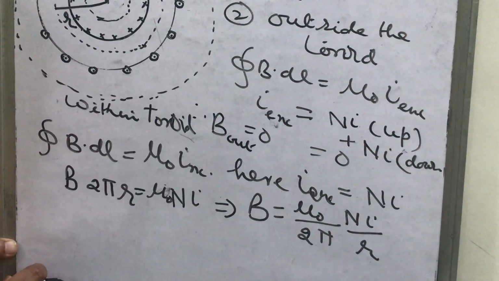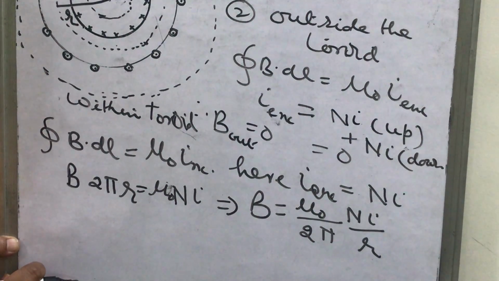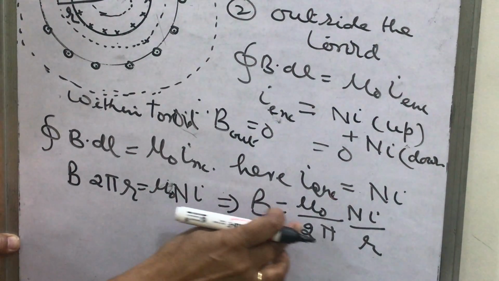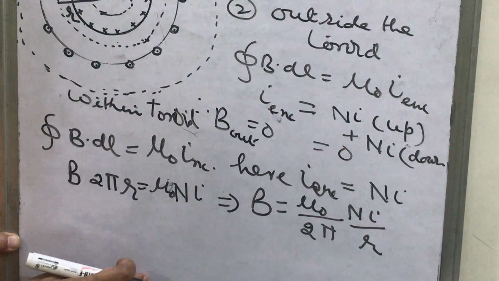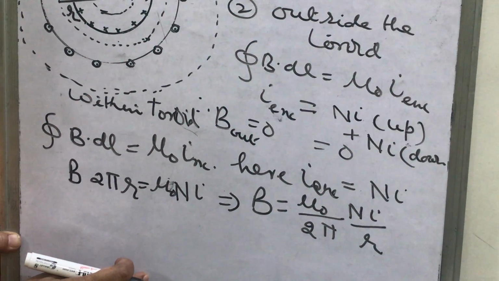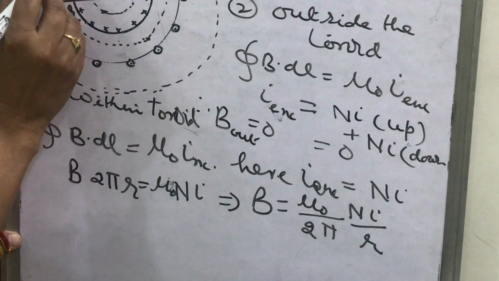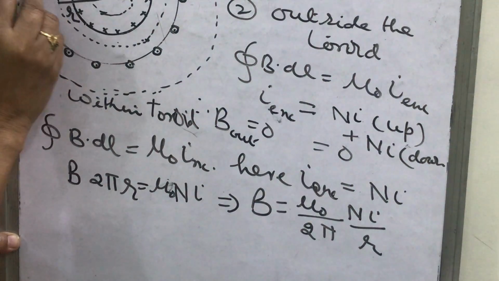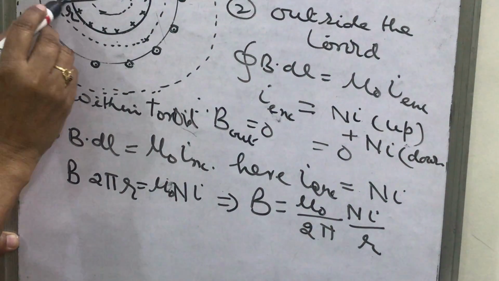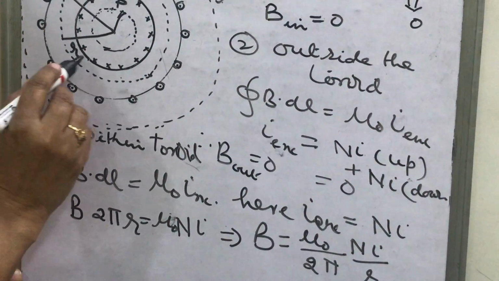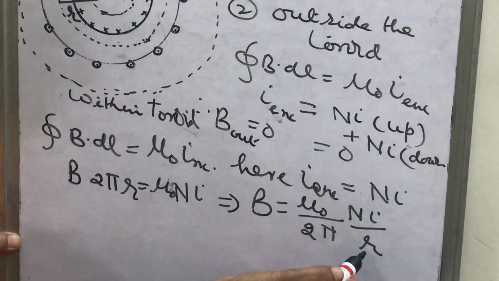What do we observe here? That B is inversely proportional to r. That is, within this toroid, we find that B is inversely proportional to r.